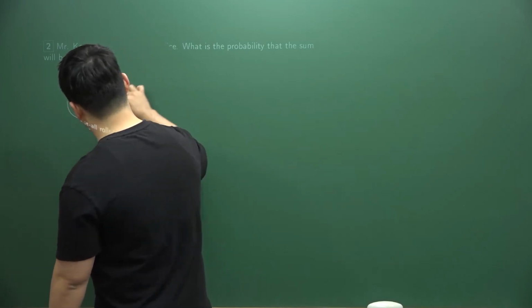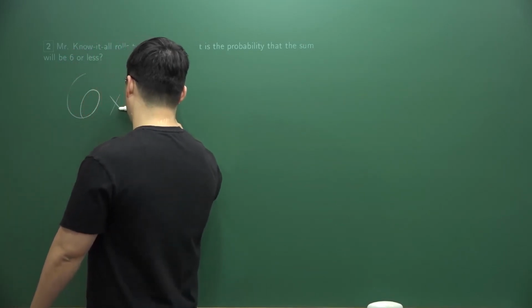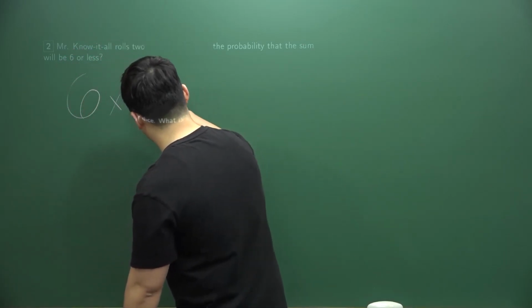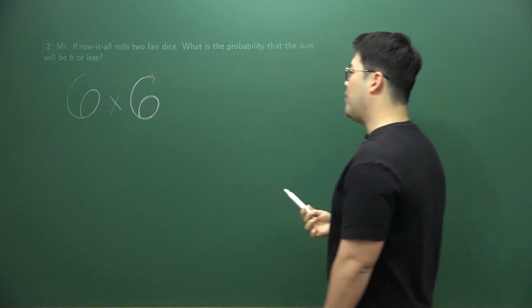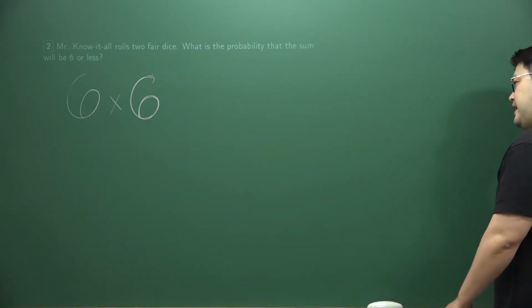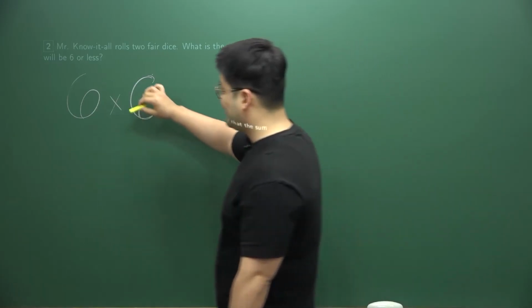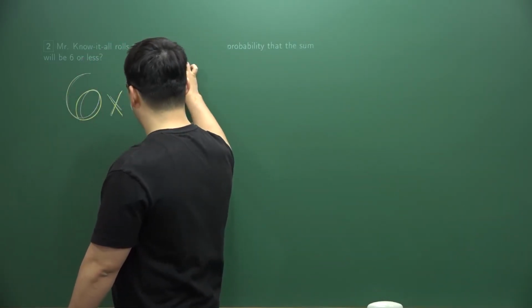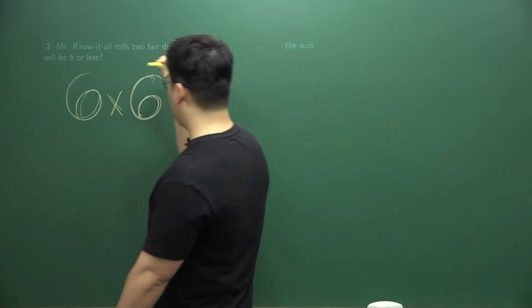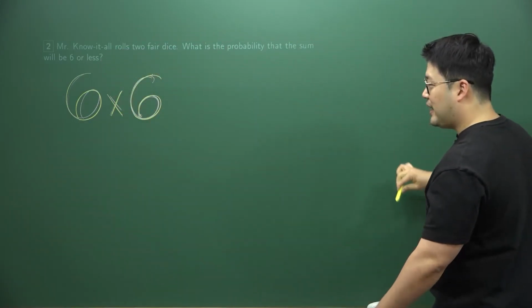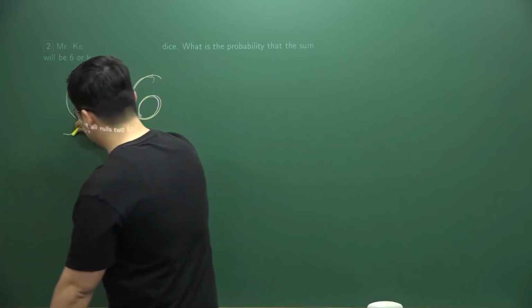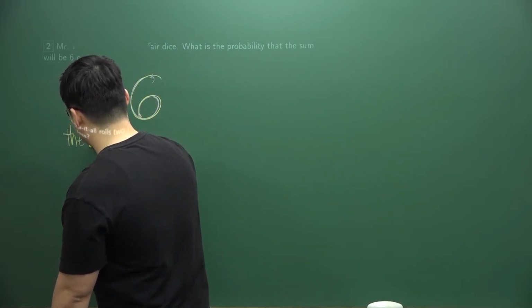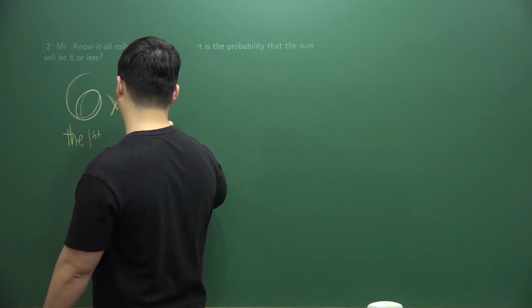You throw 1 die. You throw another die. We have 6 and 6. It's a multiplication. It's a permutation allowing repetition. We throw 2 distinct dice, and we get the first die, the second.